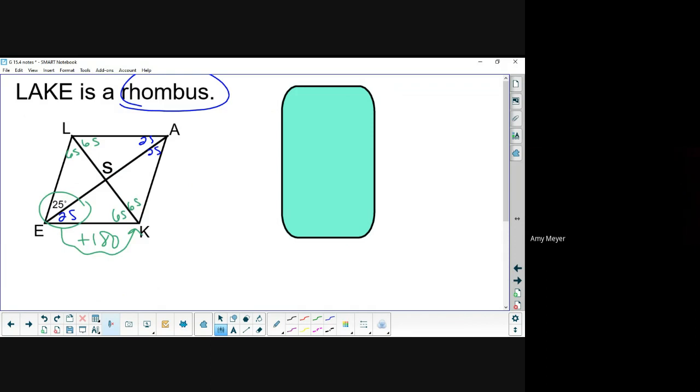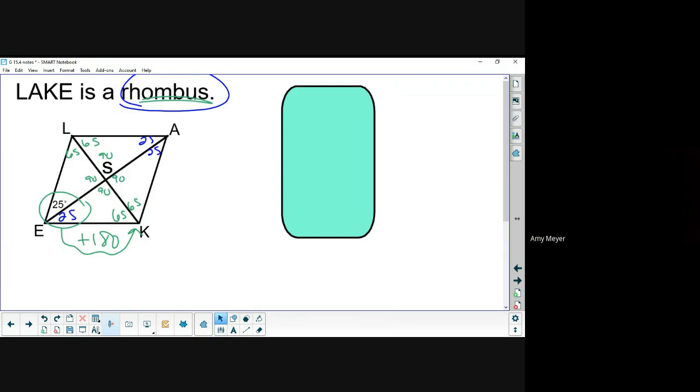Kennedy, can you read me rhombus property number 2? Diagonals are perpendicular. That's helpful. So, Kennedy, how big is this angle? 90. Yeah, perpendicular. That's 90. These are all 90. How did you do that?